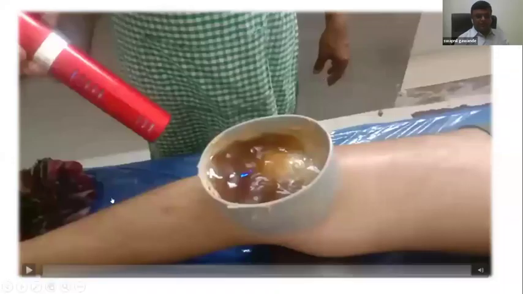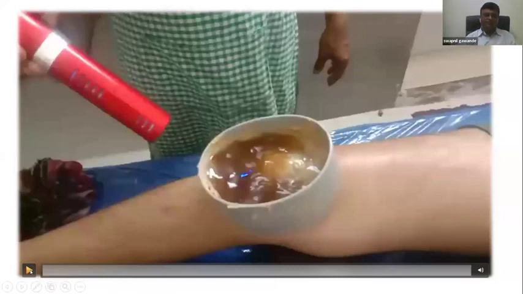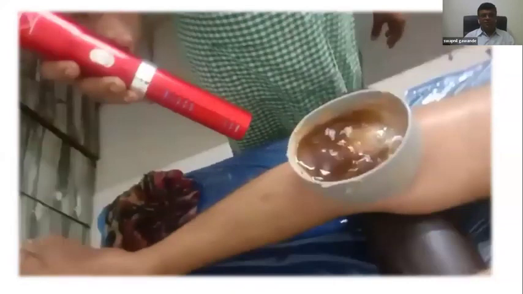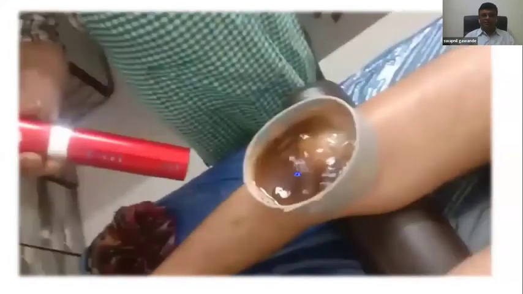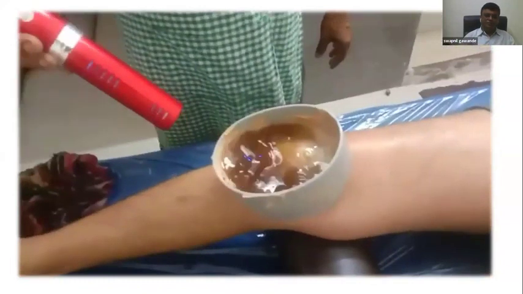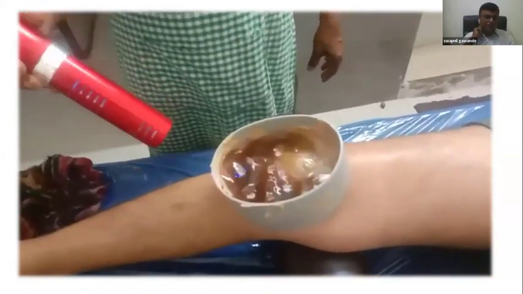Then coming to the next. This is our innovative laser Janubasti. As you can see, the Janubasti is going on and we are giving him the laser with this simple device. As you know, the Janubasti is a kind of Avgaha sweda.